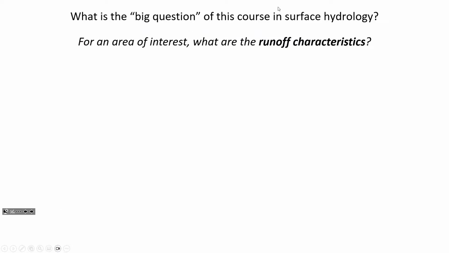So the big questions: if we have an area of interest, what are the runoff characteristics? So the area of interest could be a parking lot. If you think about the cars that are in the parking lot behind this building, what do we have to do to make sure that those cars aren't going to be submerged if it starts to rain? We have to maybe put some slope to the parking lot.